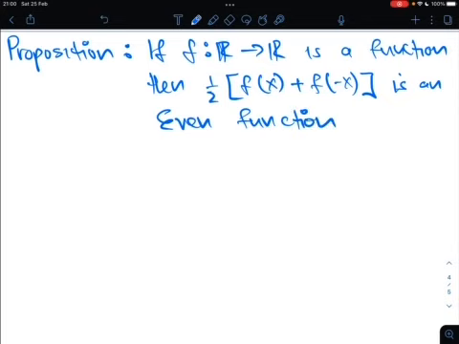So one thing that you should know is that if f is just any function, then half of f of x plus f of minus x is an even function.